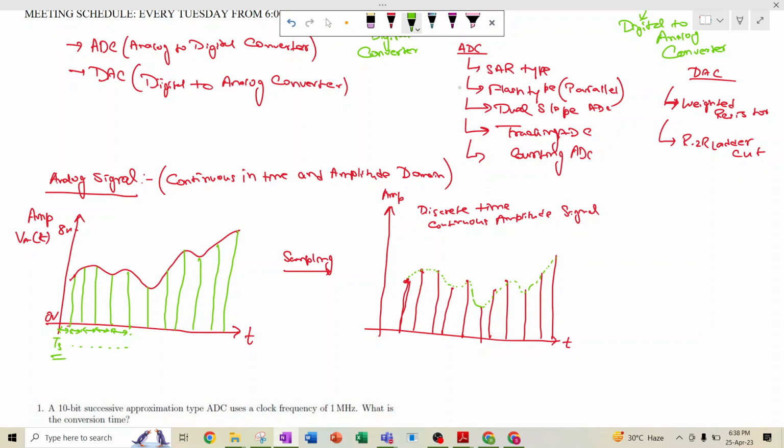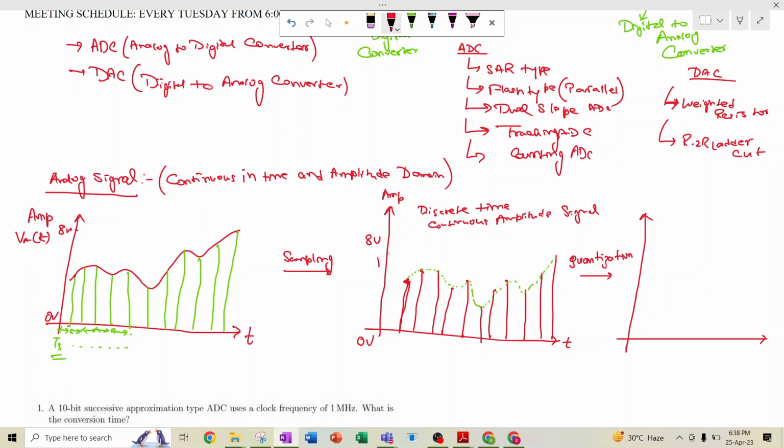Then we did the quantization. The second thing is quantization. Quantization means we are sampling the signal in the amplitude domain. So after that we get certain values, like this dot. It is from 0 volt to 8 volt, as I have already discussed.